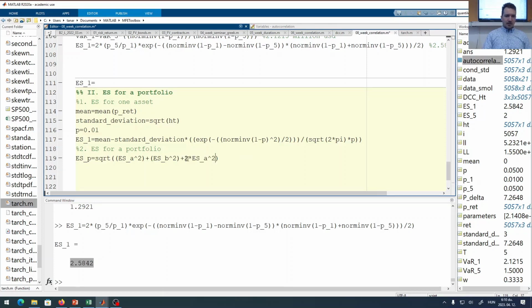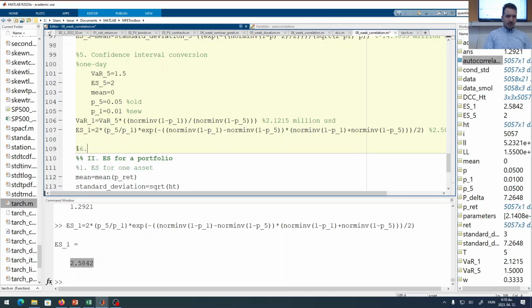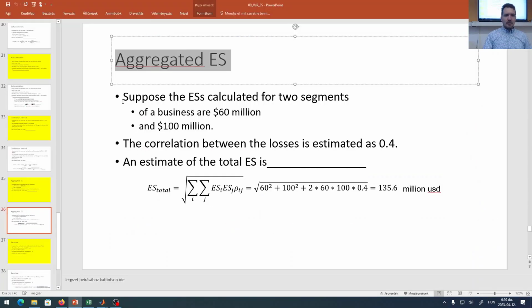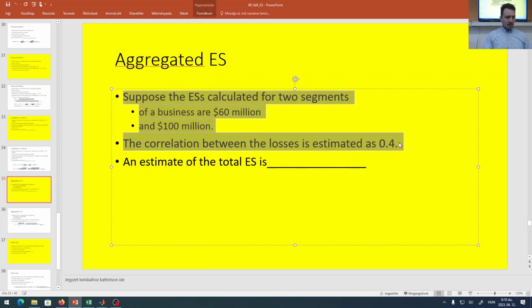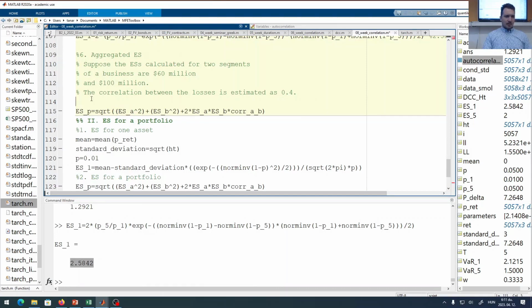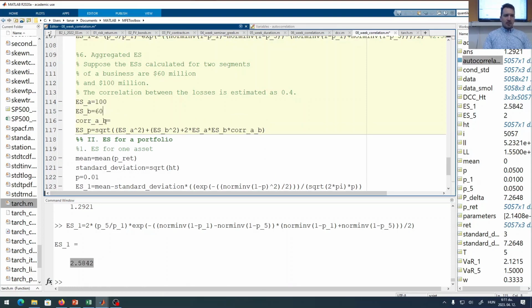So we have to construct something like this. 160, 0.4.